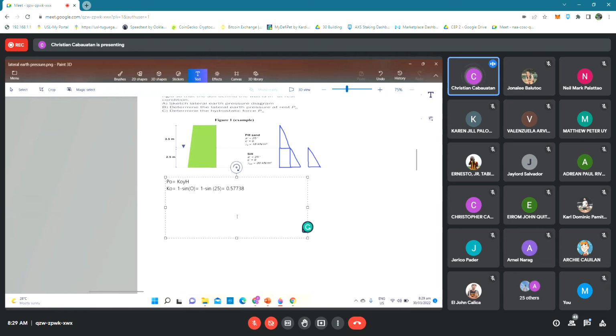In determining the PO, we have to separate it by layer.